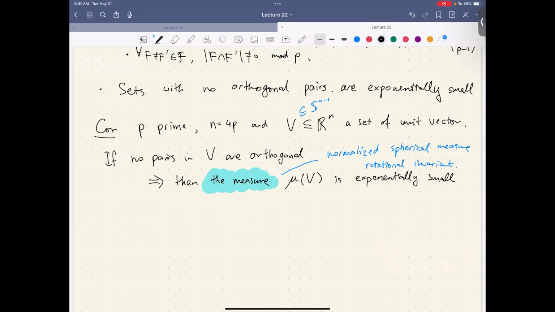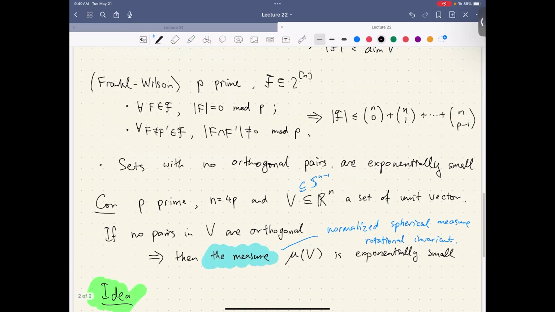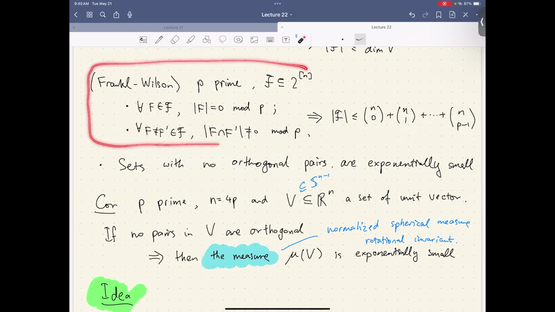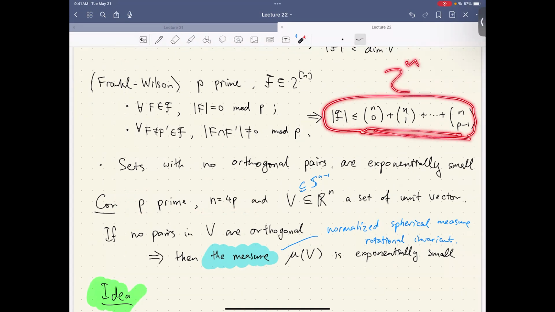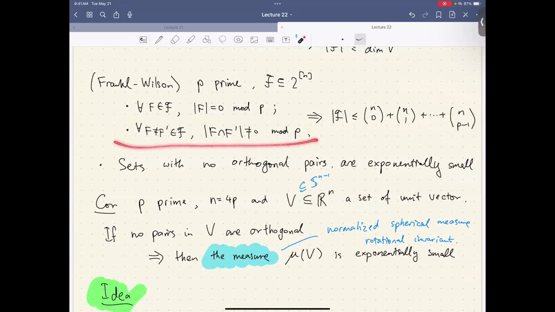The idea is the following. We have sort of hinted that we're going to use Frankl-Wilson. We know that for some particular choice of n and p, this bound is exponentially smaller than 2 to the n. So we have some exponentially small sets. If you forbid a single intersection size, you could get exponentially small sets.